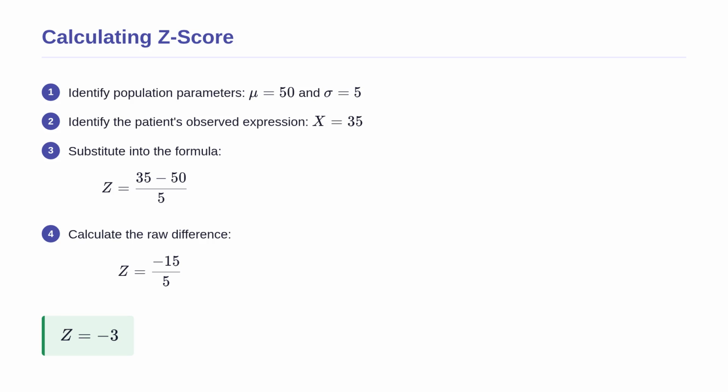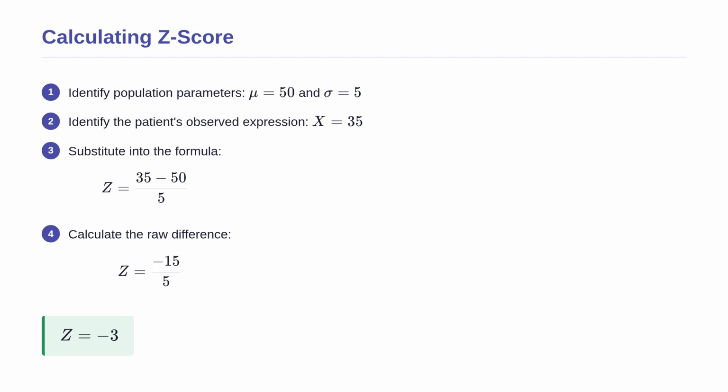Now that we understand the z-score formula, let us test it with a clinical example. Imagine we look at the expression of gene B across a healthy population. The mean expression level is 50 units, with a standard deviation of 5 units. In a patient treated with a new drug, gene B's expression drops to 35 units. We substitute 35 for x, 50 for mu, and 5 for sigma.